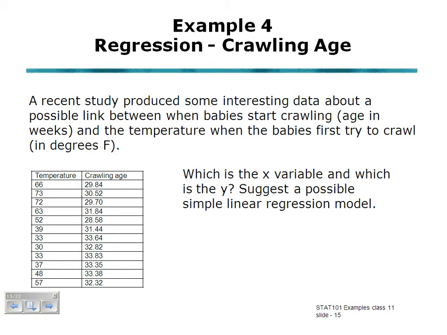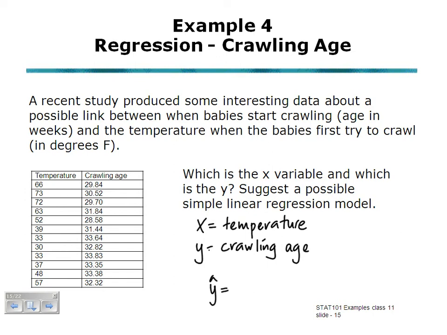So we will put temperature on the x-axis and age in weeks on the y. So we'll be using the temperature to predict the crawling age of the baby. So x will be temperature, y will be crawling age. And our general equation for linear regression, you remember, y hat is beta naught plus beta 1 times x.